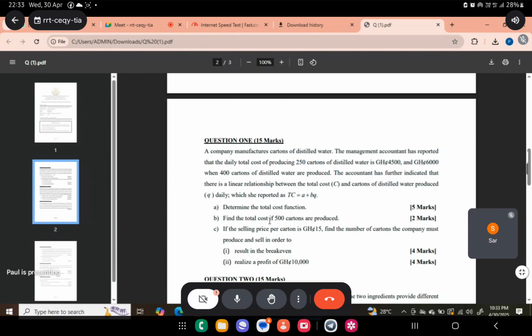Now the C is asking that if the selling price per carton is 15 cents, find the number of cartons the company must produce and sell in order to break even.